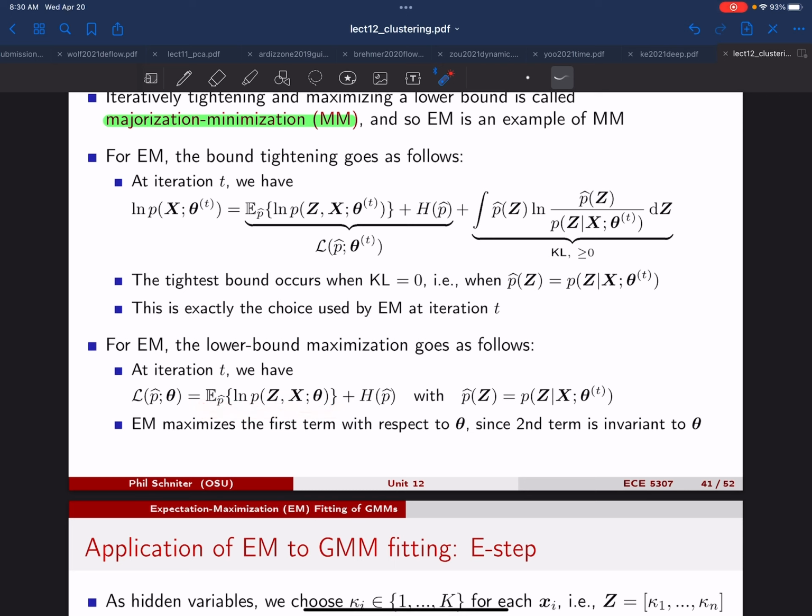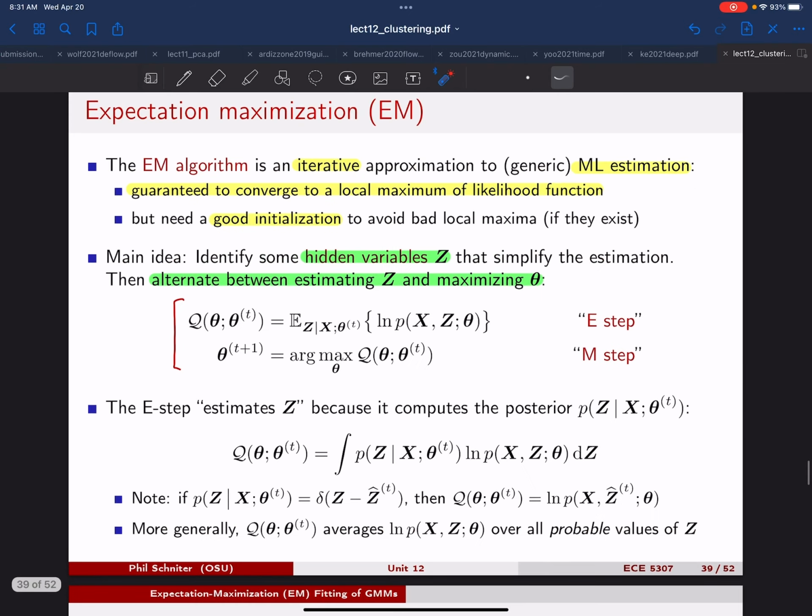And in the first step, when we take this expectation, we're going to choose the p hat used for that expectation as this. So that is exactly why over here, we're taking the expectation of z, conditioned on x, given theta t. That is the bound tightening density.